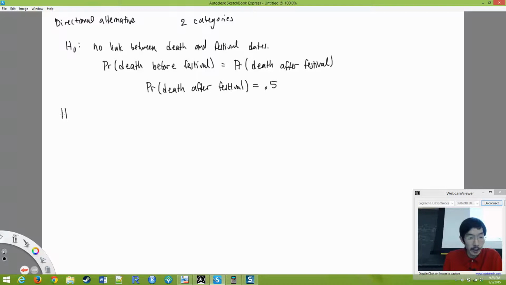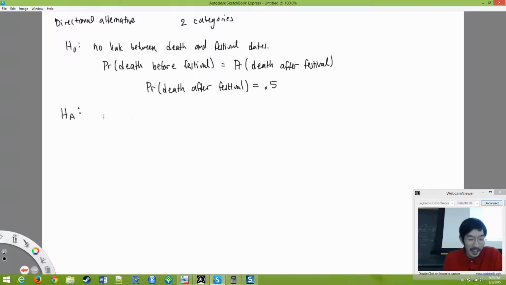And then the alternative hypothesis, they suspected that through some means or another, these people are somehow able to postpone their death.